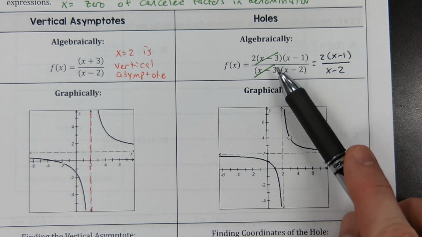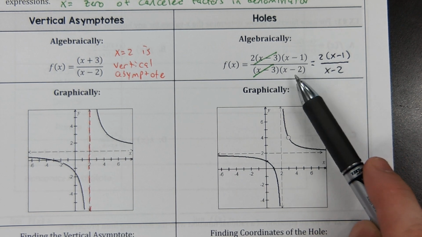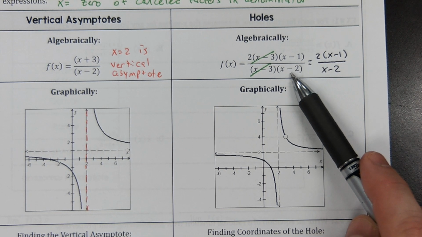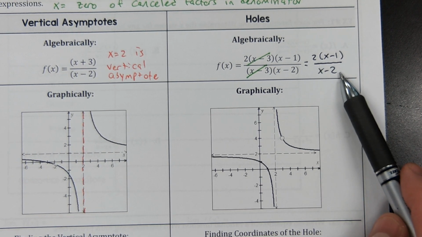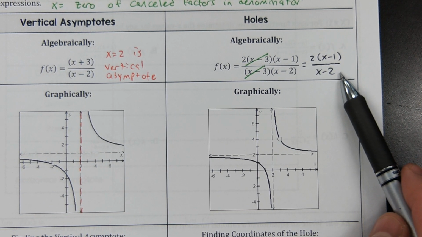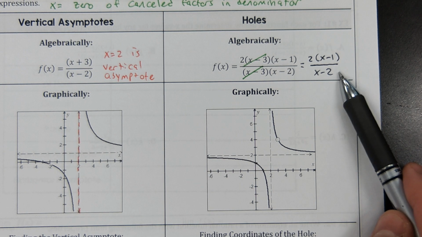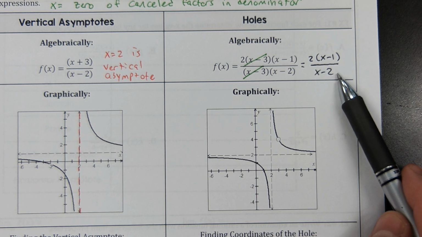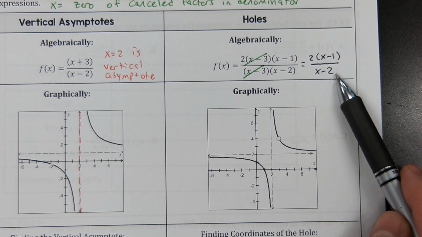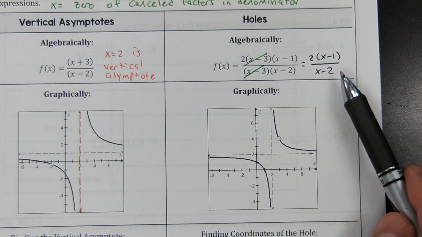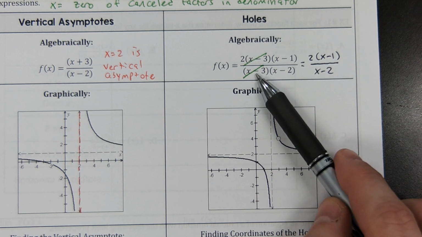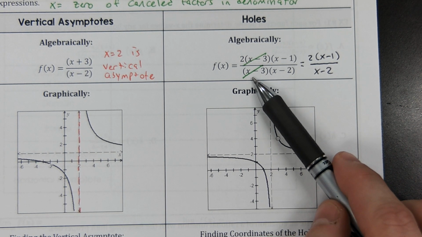Those numbers were x equals 3 and x equals 2. In the simplified version, there's a single number that makes the denominator equal 0. That means I lost a 0 of the denominator. Since I lost a 0 of the denominator, I know there's a hole at that number, at x equals 3.